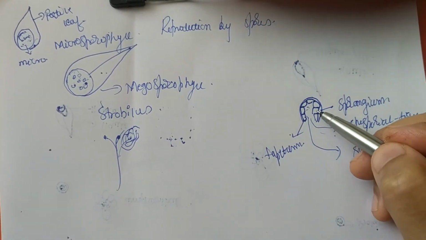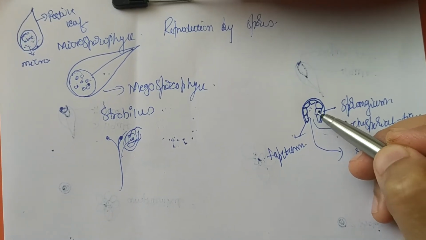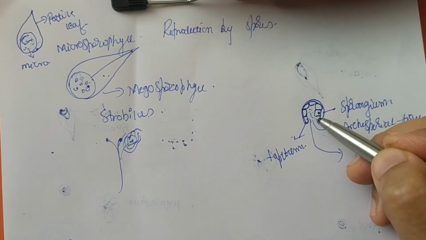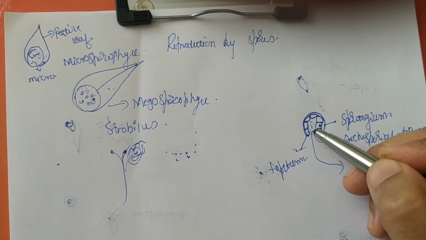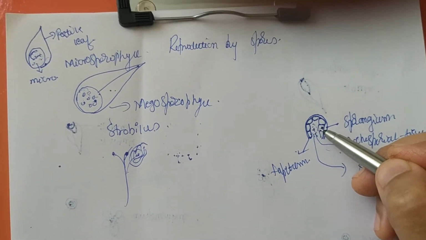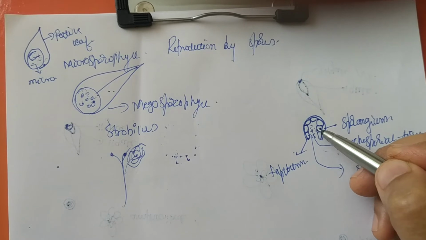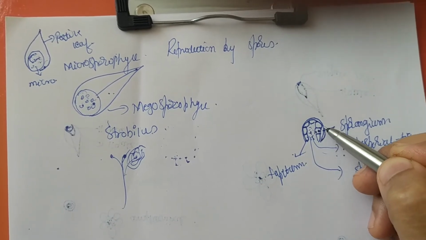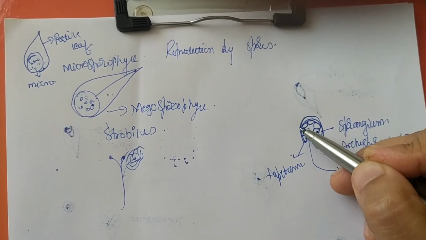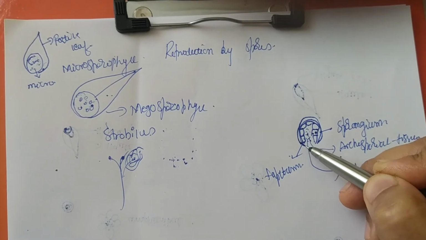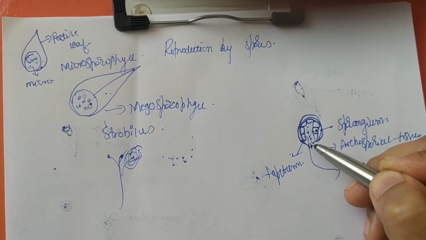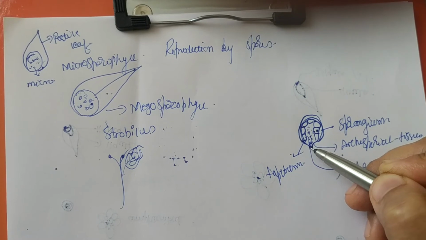It is nutritive in function and provides nourishment to the growing spores inside this cavity. So we have spores, outside them the tapetum, which is nutritive in nature, and outside the tapetum a two-layered outermost wall of the sporangium. This structure is attached to the leaf with the help of a multicellular base.